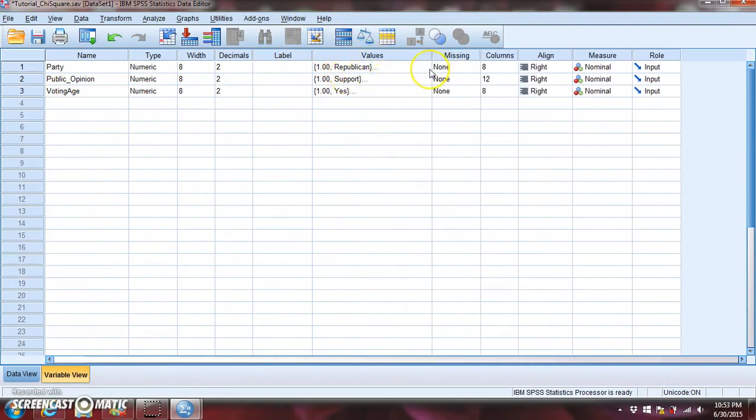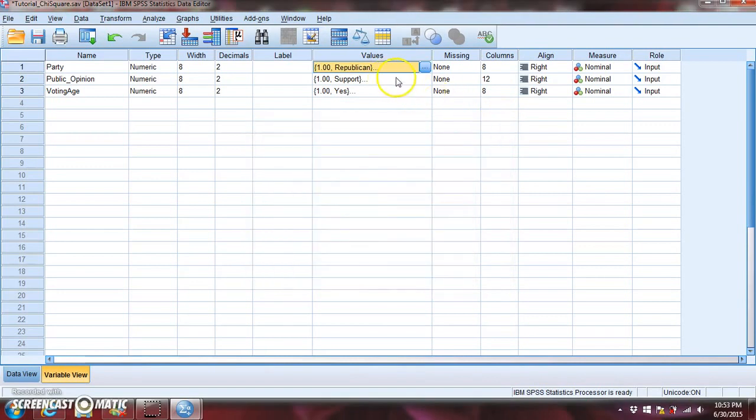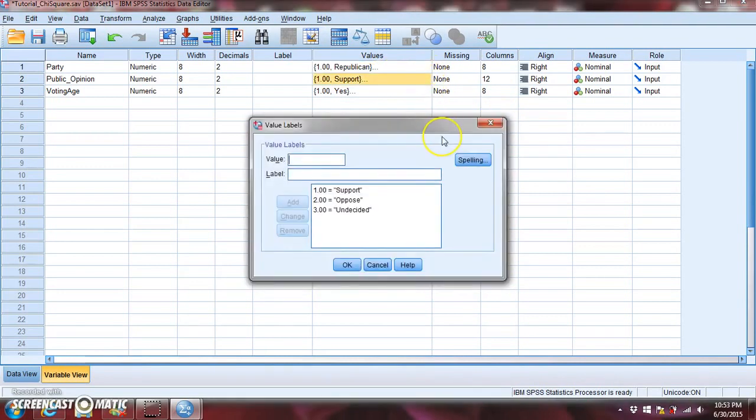In the case of party, we have political party, essentially Republican or Democrat in this data set. For public opinion, we have support, oppose, or undecided. So you can imagine that this is perhaps voting, the way someone voted on a proposition of some sort, their opinion on that proposition.